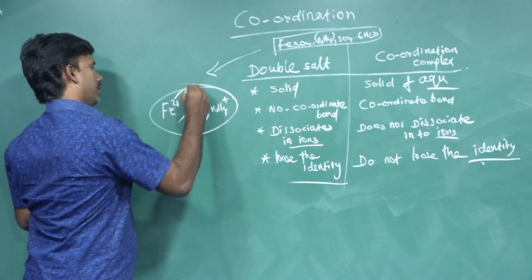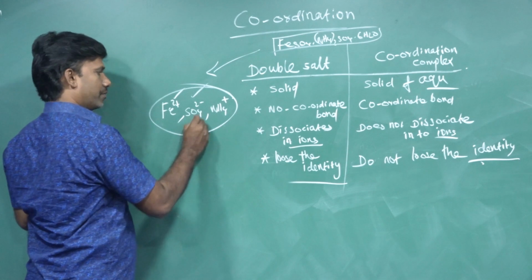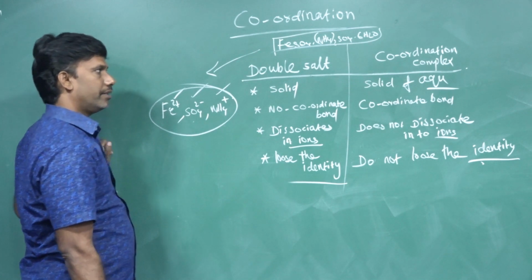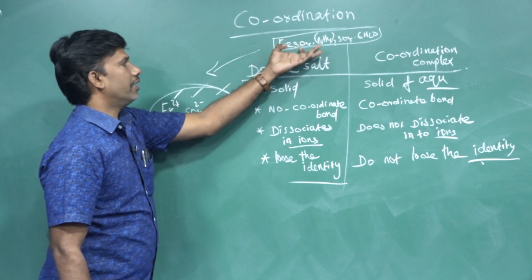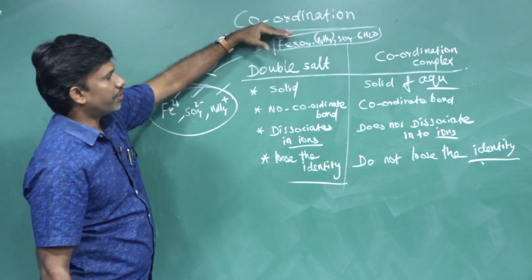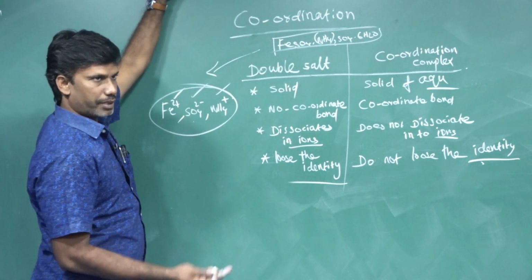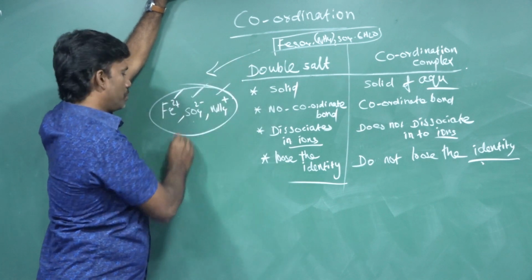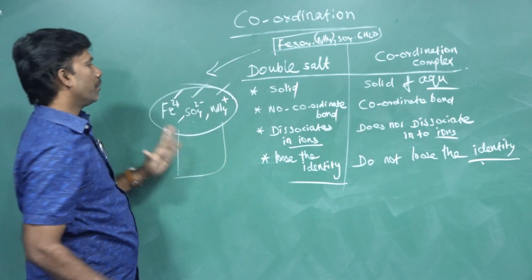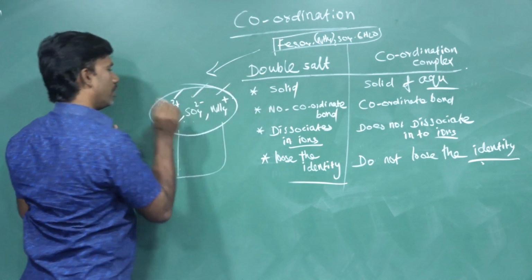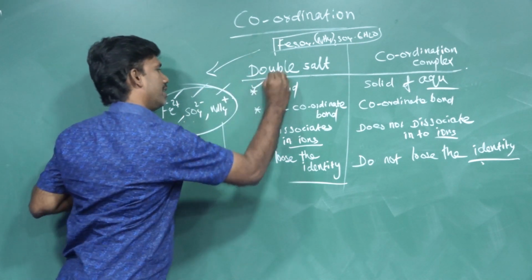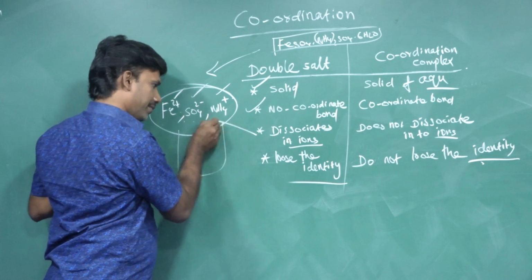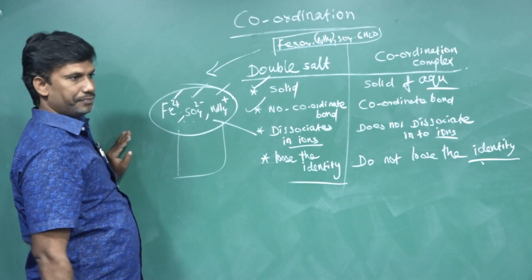So if you do the test for Fe2+, it will answer; for SO4 2-, it will answer; for NH4+, it will also answer. But where is the identity of the Mohr's salt? In crystalline form it has individual properties. It loses them and behaves as ions in solution. You cannot have the property of a double salt when mixed in solution. That's why it exists only as a solid.